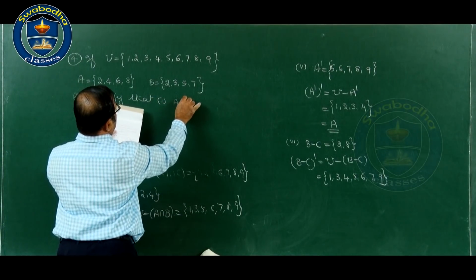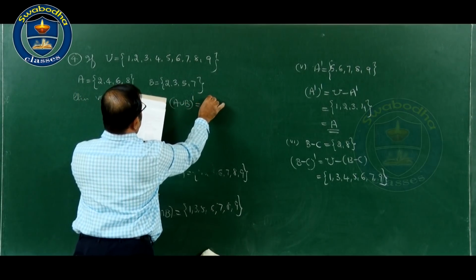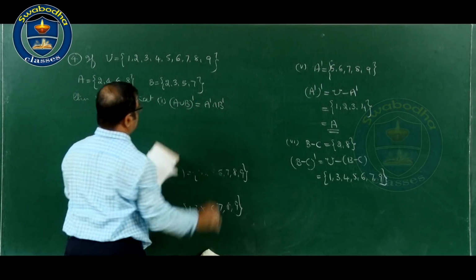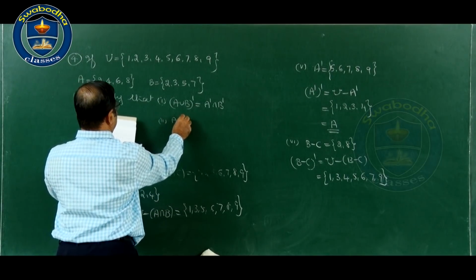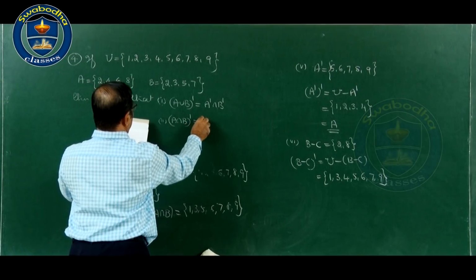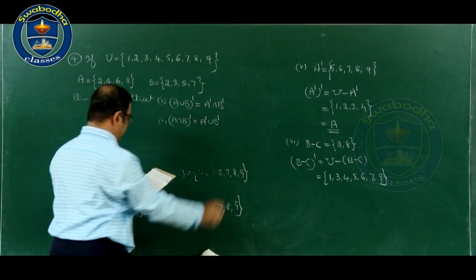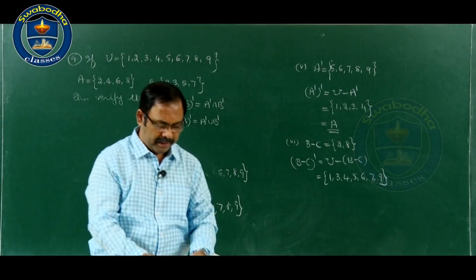A union B complement, A complement intersection B complement. 2. A intersection B complement, A complement union B complement.